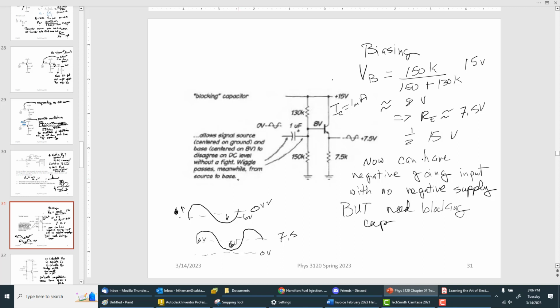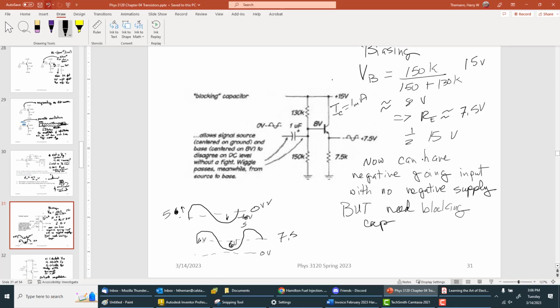So let's say that's 5 volts. In this case, we're going to move the baseline up by about 7.5 volts. And now we can see negative swings, even though we don't have a negative supply.